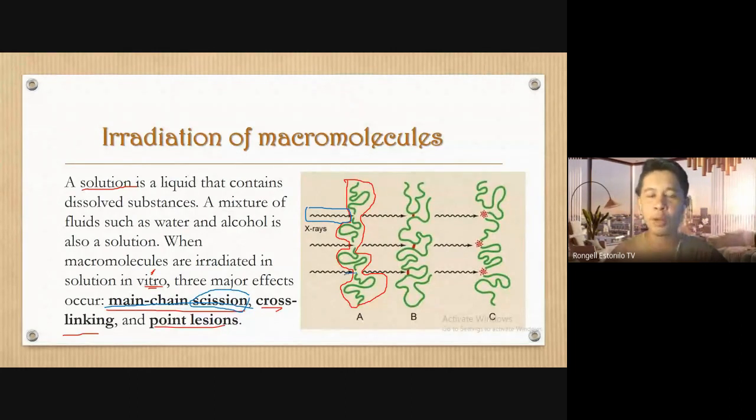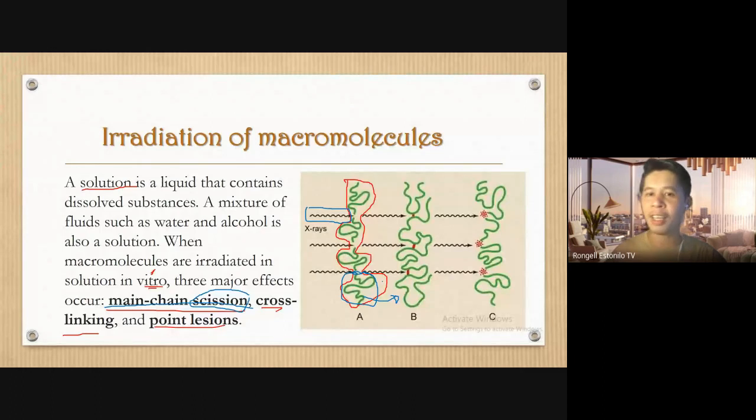Yung isang strand na to, pwede siyang dumikit doon sa isang long chain molecules. Parang kumakabit. Mas maintindihan kasi niyo pag may mga halong chika-chika eh. Okay, so pag halimbawa, isang chain talaga.